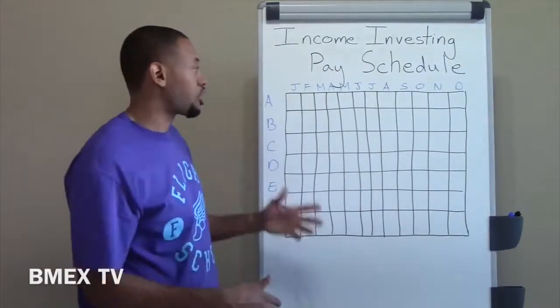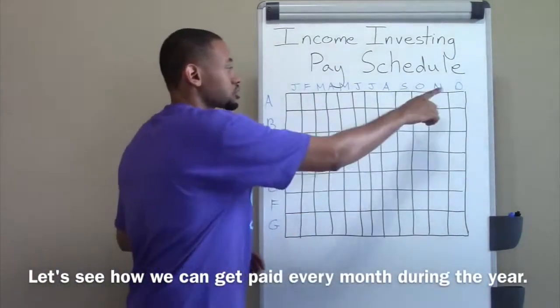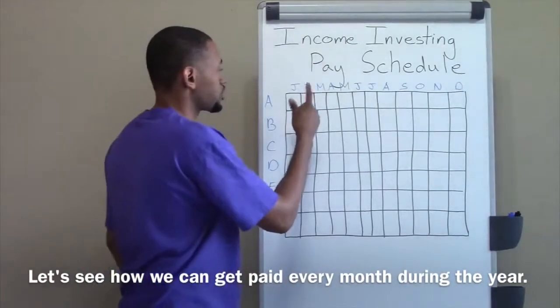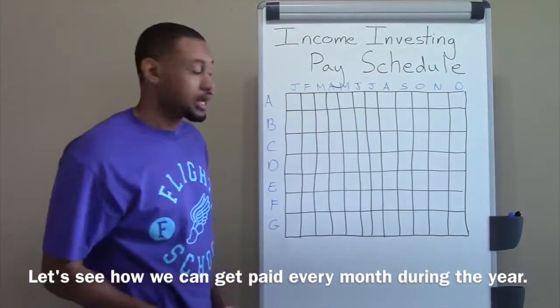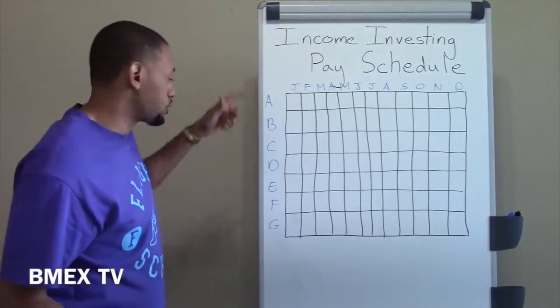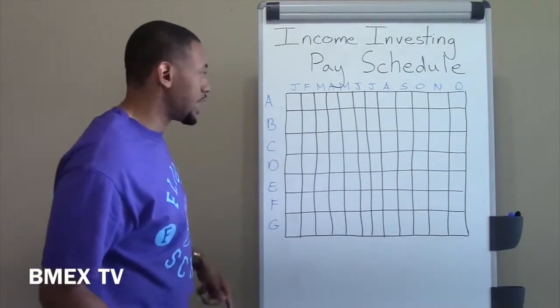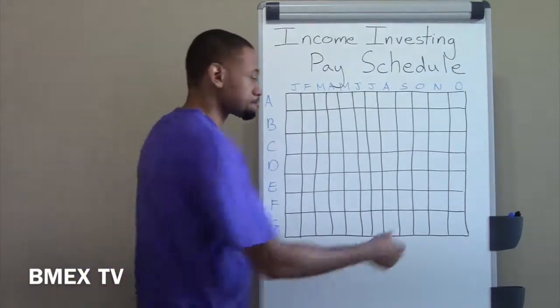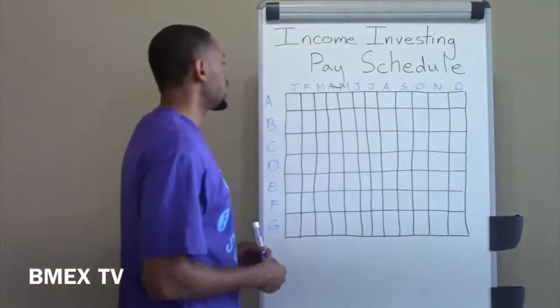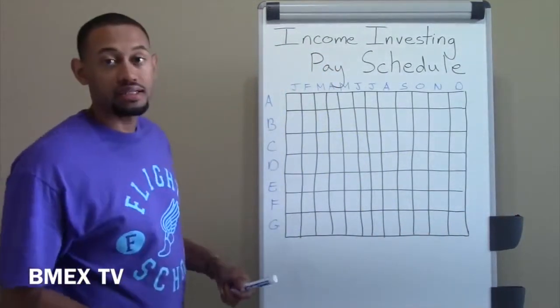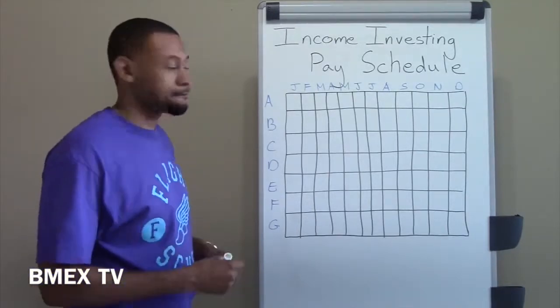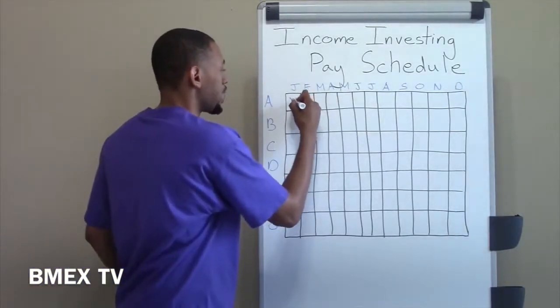The way we have our board set up here is we have the months going across the top: January, February, March, all the way through December. Then we have your stock, ETF, mutual fund, whatever security you have, going down the side. Let's say stock A pays a dividend in January, so we have X marks the spot.